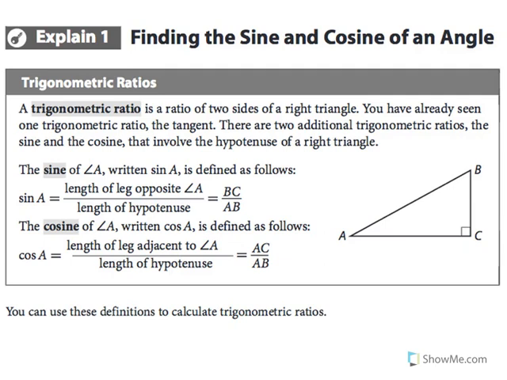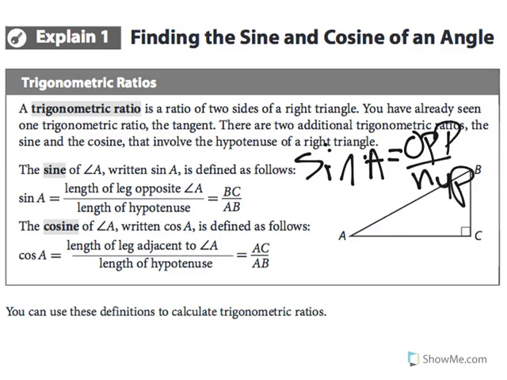The sine of angle A, written sine A, is defined as follows. Sine A is equal to the length of the opposite side of the angle divided by the length of the hypotenuse. So think of it as sine of angle A is equal to opposite over hypotenuse.